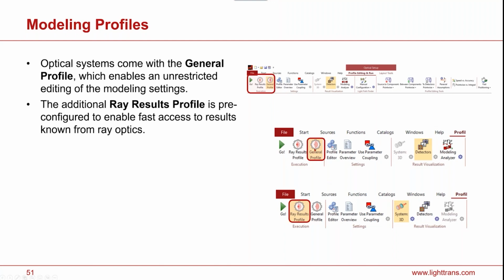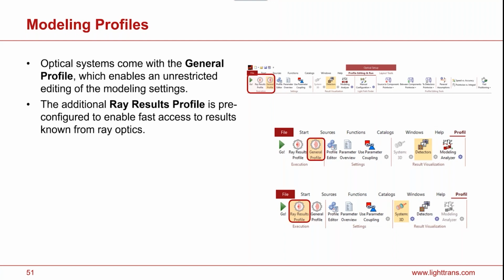And so here, a general profile and a ray results profile. You will not find any more ray tracing button, because we finally decided that we, as a physical optics software, which follows the logic that ray optics is part of physical optics, should do all of that with our physical optics engine, because it has the same speed in the case of producing ray optical results.